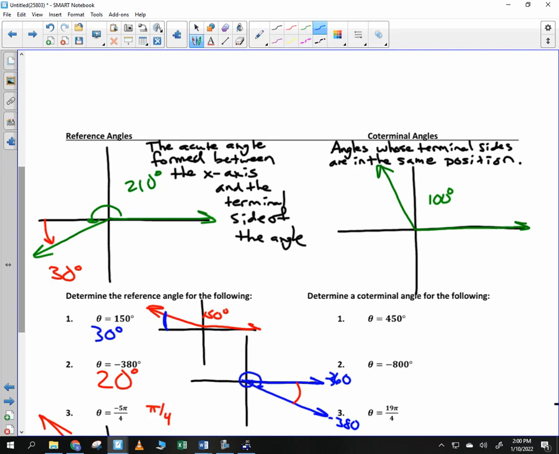Here's an angle that is coterminal with 100 degrees. If I rotated the other way, I could end up at the same spot, right? How many degrees would you rotate in the opposite direction to get to that same location? Negative 260? Yep.